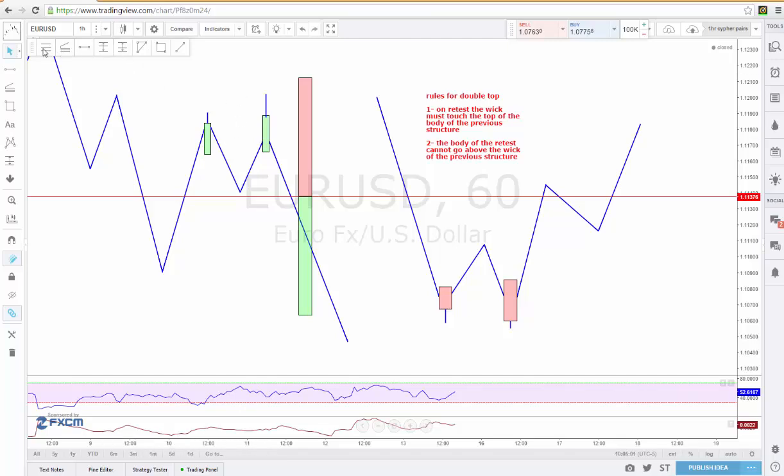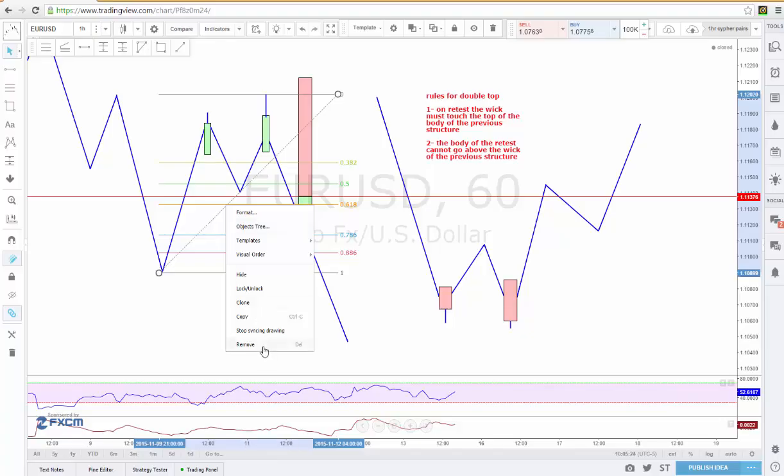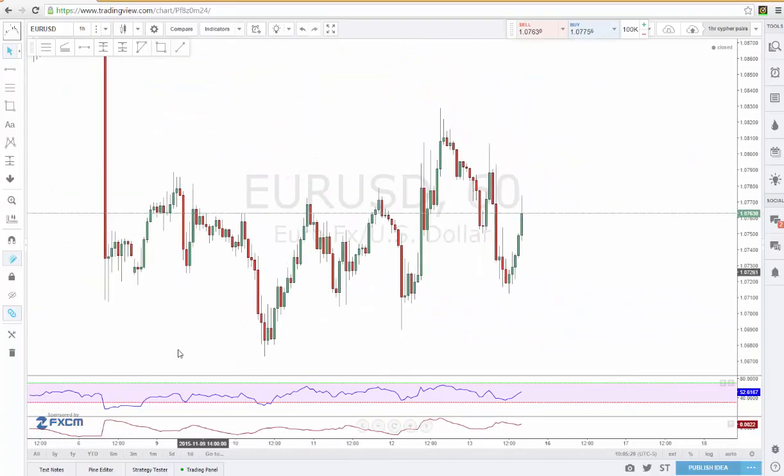For targets, you could take targets at the Fibonacci retracement of 786 or previous structure right here, and that doesn't give you a really good risk to reward, but I'm just giving you more examples of how you could possibly trade this when it comes to stops and targets. Alright, now down to the charts to find some of these examples.